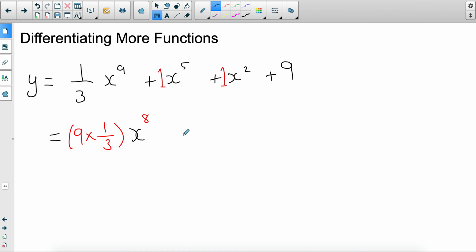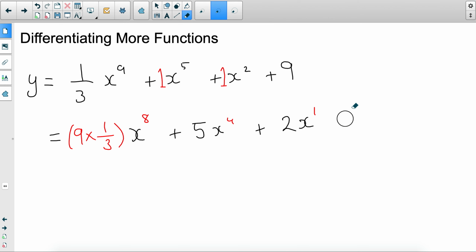So 5 times 1 will be 5, and then the power of 5 will be reduced by 1, so it's going to be 4. Similarly for the second one, 2 times 1 will be 2, and then the power of x will be reduced from 2 to 1. And then remember that the derivative of a constant is always 0, so we don't need to write it. You can write plus 0, but it's redundant, we just don't write it there.